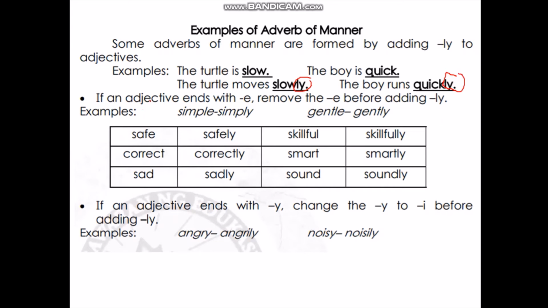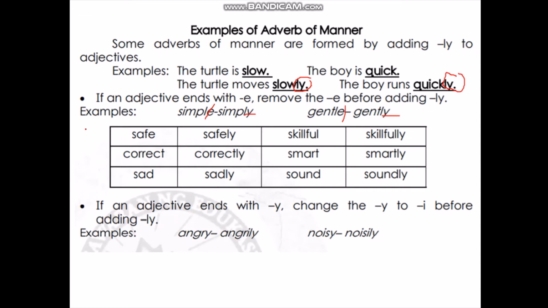So if an adjective ends with e, remove the e before adding ly. Example, simple, simply. Again, we remove the e and then we change it into y. So that is the rule in adverb of manner. Another, gentle, and then we change the e and then we put y. So now it is gently.